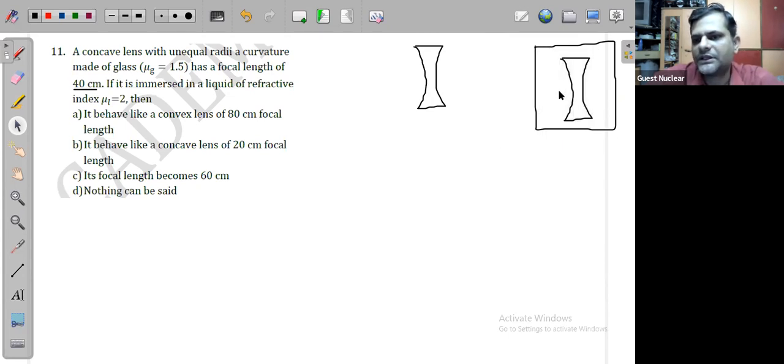So what will happen in this case is the nature and focal length may change, where the focal length in the air medium is given by the formula 1 upon f is equal to mu minus 1 into 1 upon r1 minus 1 upon r2. As we know, for this concave lens, this r1 is going to be negative and r2 is going to be positive.